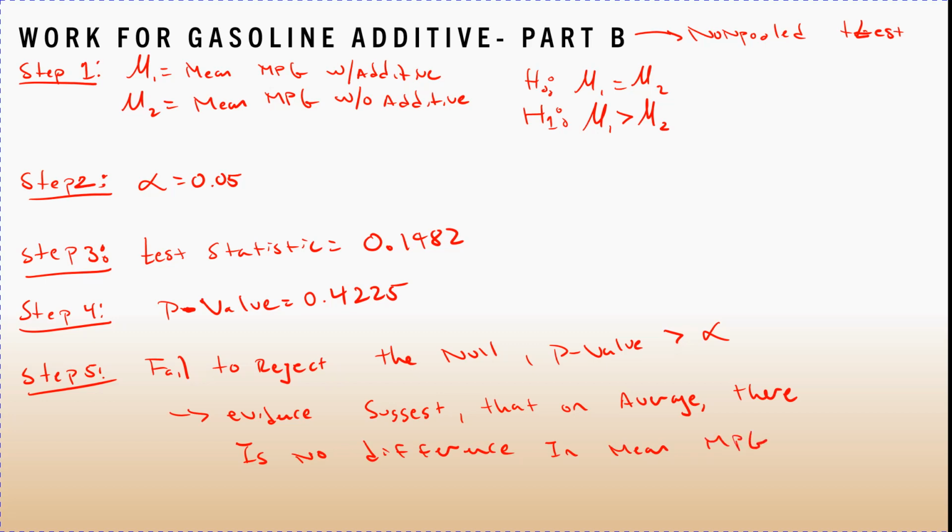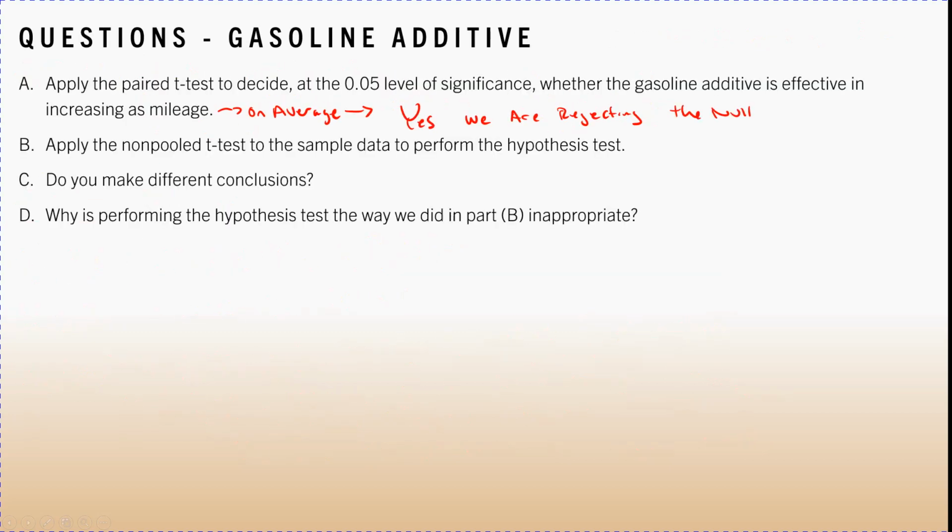We'd be saying it doesn't matter whether you use the additive or not. So you make two different conclusions depending on the test you used. Here we failed to reject, so you made two different conclusions.